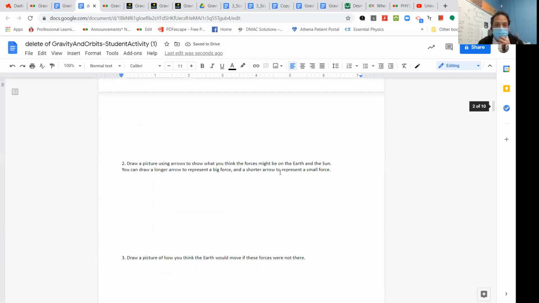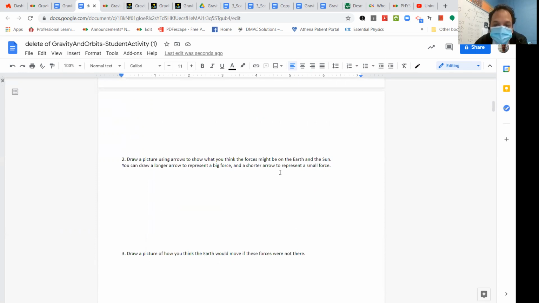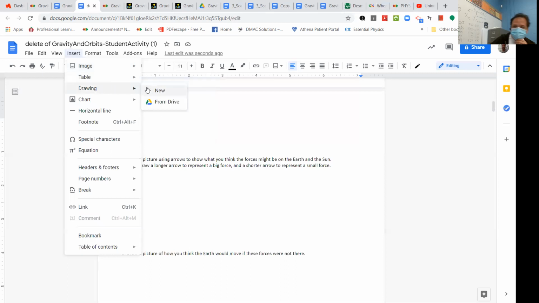Then draw a picture using arrows to show what you think the forces might be on the Earth and the Sun. You can draw a longer arrow to represent a big force and a shorter arrow to represent a small force. So here I might insert drawing.